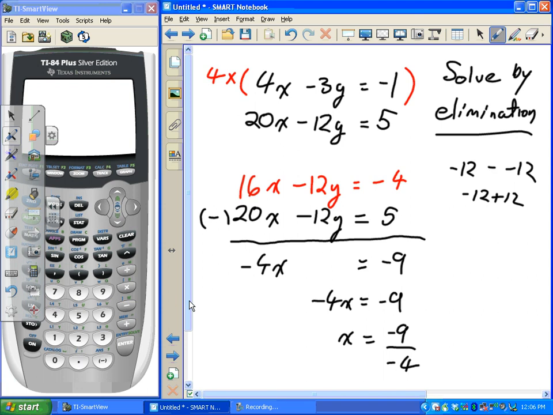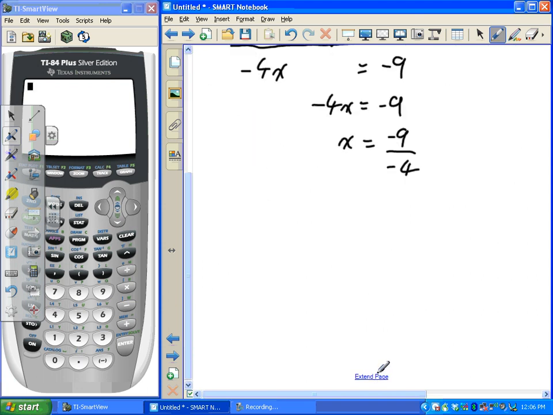Okay. Now I can solve the other one by elimination also. Let's write our two equations again. 4x minus 3y equals -1. 20x minus 12y equals 5. Okay. This time I'm going to try to eliminate the x.